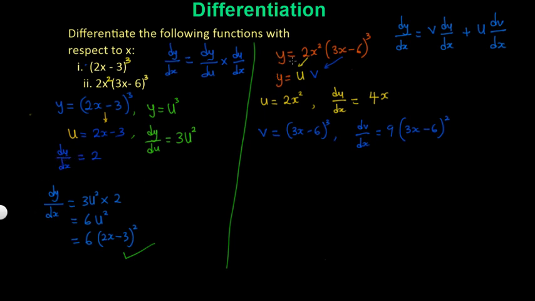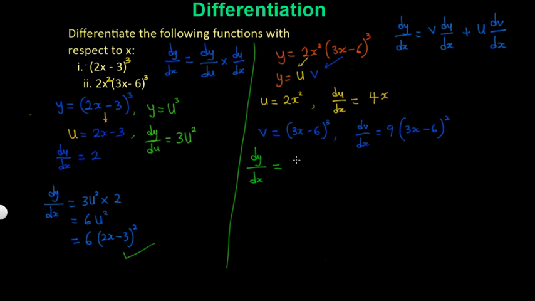So we can then say the original function, dy/dx can then be equal to v du/dx. What is our v? This is our v, and this is du/dx. So you are going to multiply this du/dx with this v.